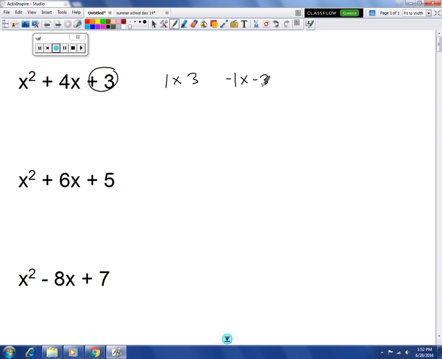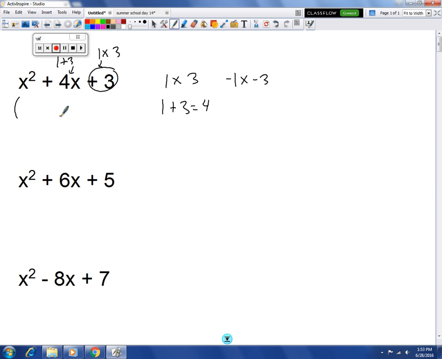When I take a positive 1 and a 3 and add them up, I get 4. So 1 times 3 is 3, and 1 plus 3 is 4. That tells me what the factors are.